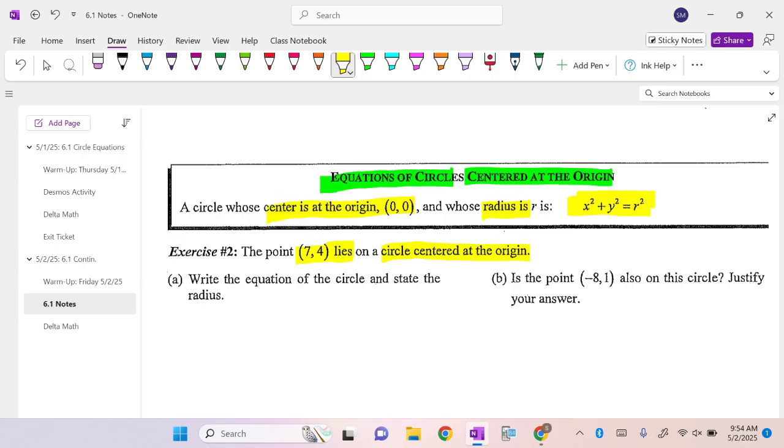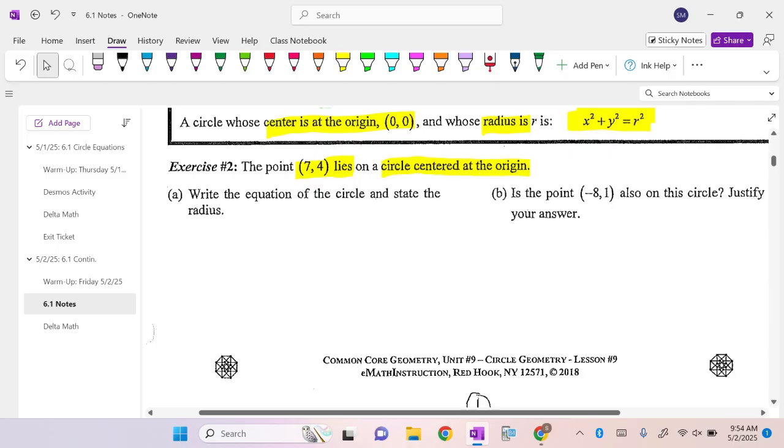So they did not give us our radius. But based off of yesterday, what could we do to find the radius? So think back to when we were doing the discovery activity. Not the Desmos activity, but in Delta, when we were doing that discovery guided question. What essentially were we doing at the beginning of it every time?